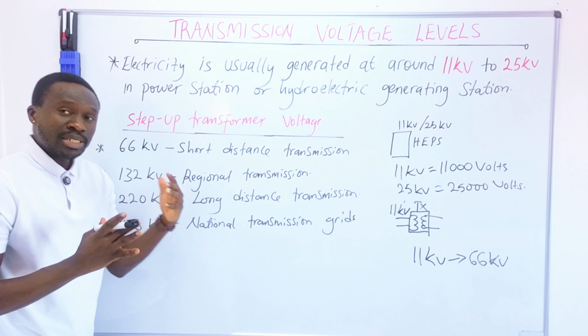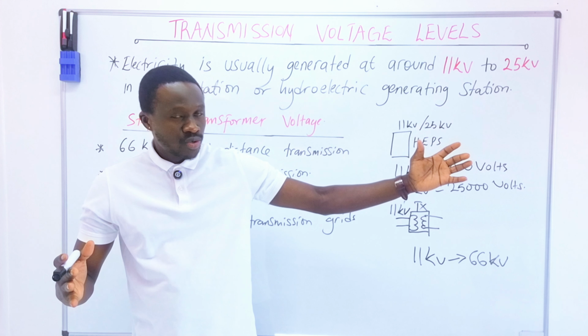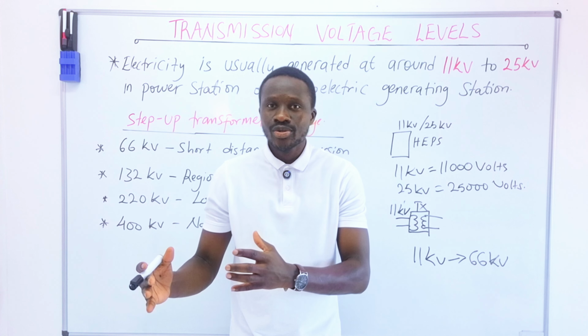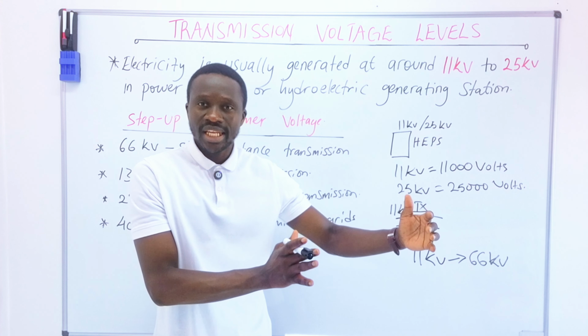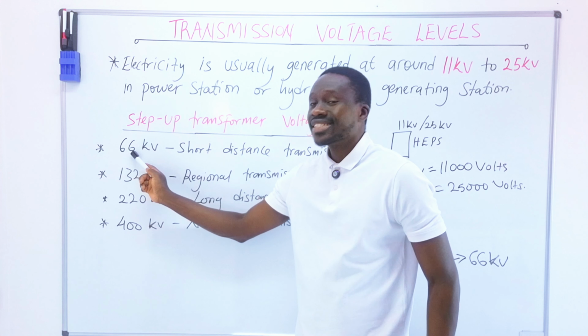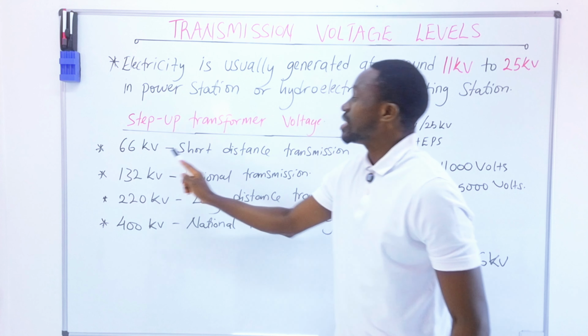By the way, this transmission depends on the area. How far are you going to transmit this electricity? It depends on the transformer you are going to use, and for how many volts it steps up. You want a transformer which steps up to 66 kV. It depends on the distance.